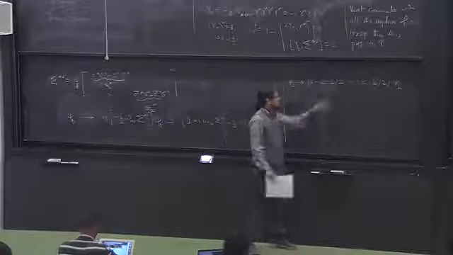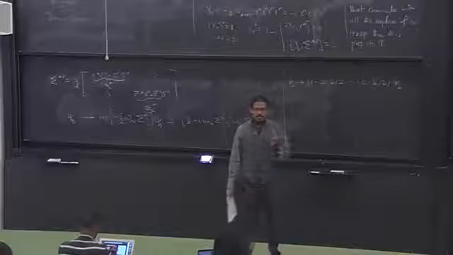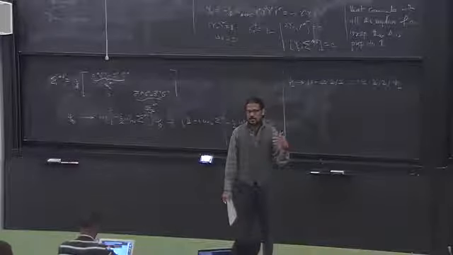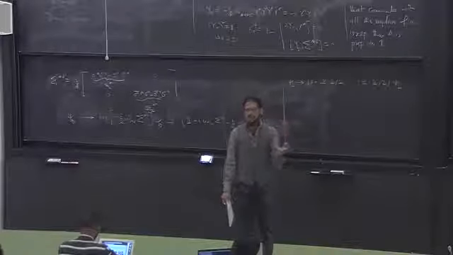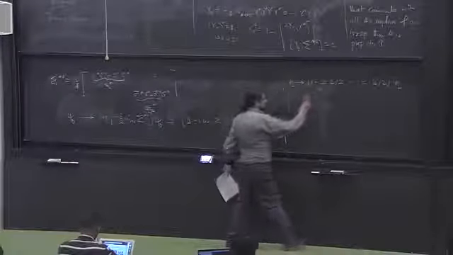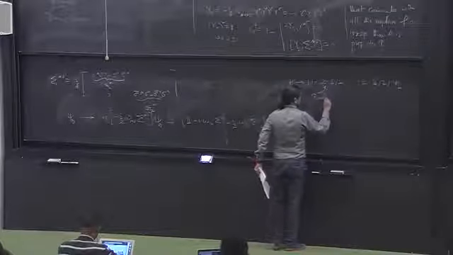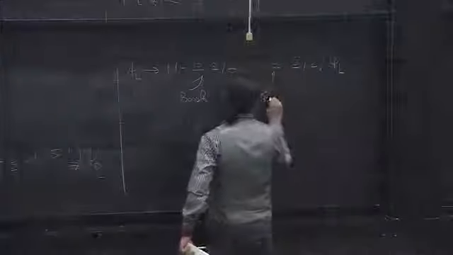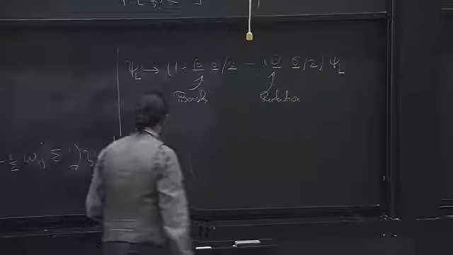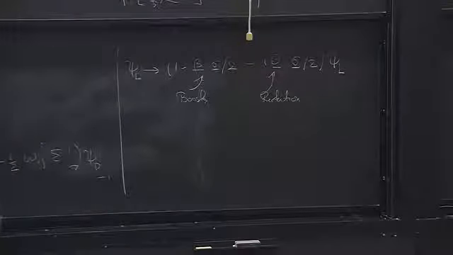So in some sense, sigma/2 acts as the generator for both rotations and boosts, but dressed with an extra factor of i. Okay? So these are the boosts, and these are the rotations. That's the part that makes it non-unitary, right?